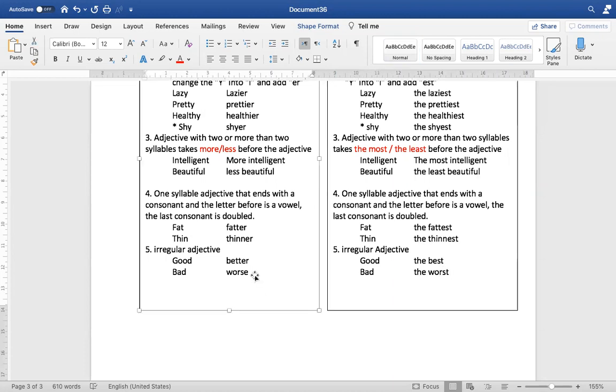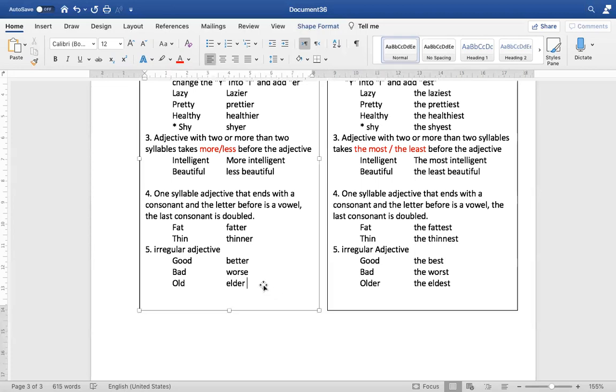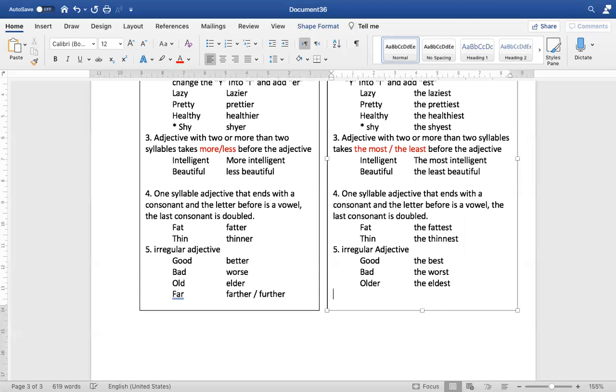Then you also have other adjectives such as old, which becomes elder, and in the superlative form, it becomes the eldest. Then you've got other adjectives such as far. It can be further or farther, both of them are possible. And then you have the furthest or the farthest.